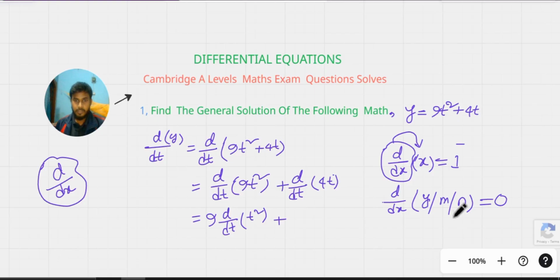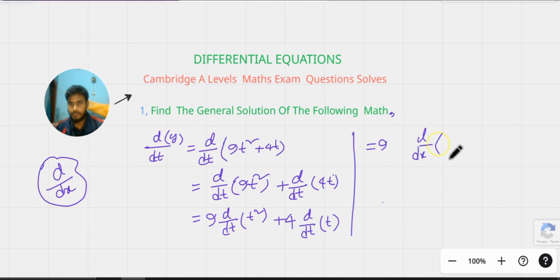And here we can see that there is a number 4, so it will come outside, and the differential operator will only act on the variable. d dx of x to the power n equal to n into x to the power n minus 1. So this formula will be applied here.